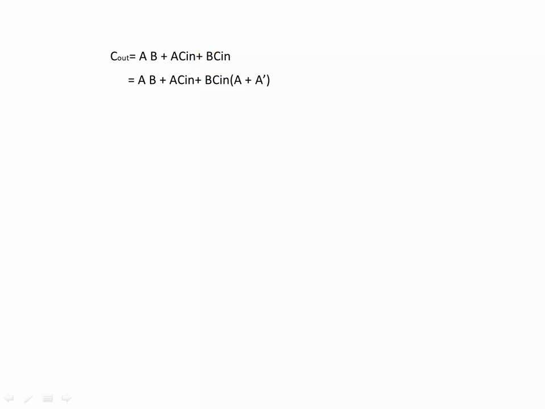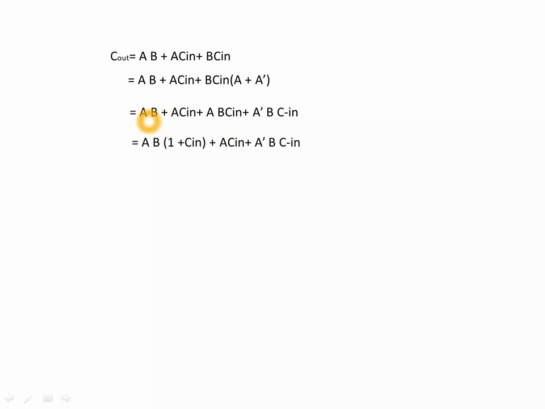We can multiply any variable by one variable and its complement, and there is no change. That is, AB plus ACin plus BCin into A plus A bar. Then it is AB, ACin plus ABCin plus A bar BCin.